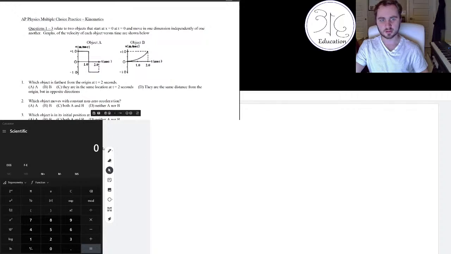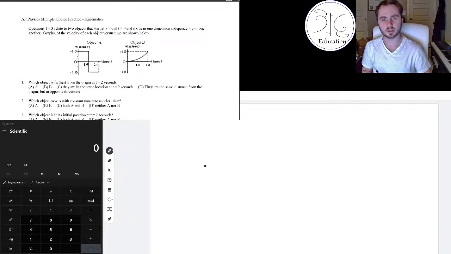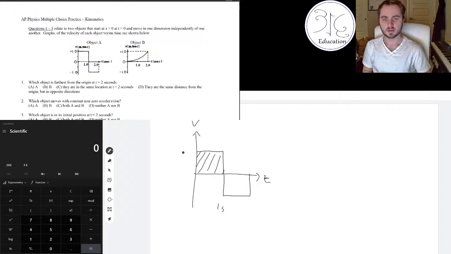And to tackle something like this, we can use the relationship between velocity and position when we're dealing with a graph. If we have a velocity-time graph, the area under the curve is going to give us our position. So in this first case, we have an area of, let's see, the time was 1 second, and this was +1 meter per second.